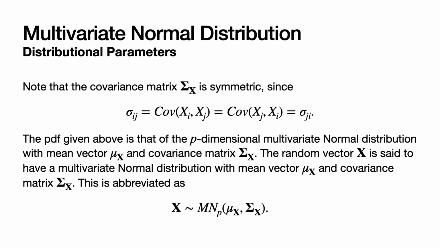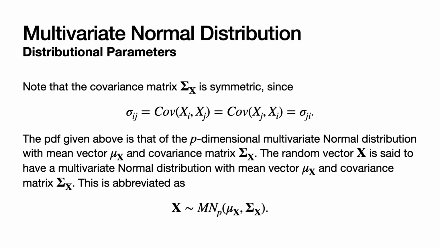Now note that the covariance matrix capital sigma sub x is symmetric. And this is because sigma ij, which is equal to the covariance of x sub i and x sub j, is the same as the covariance of x sub j and x sub i. And this is because, as you'll recall, one of the properties of the covariance function is that the order of the arguments is irrelevant.